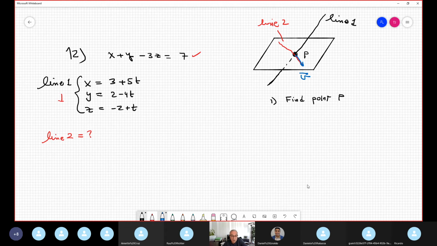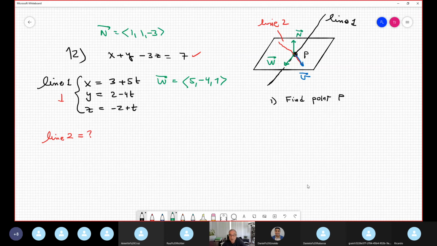We have the direction vector of the given line. Let me call it W. This direction vector is 5, -4, and 1, the components that have t in my parametric equation for the line. However, we also have the normal vector, which is the vector 1, 1, -3.